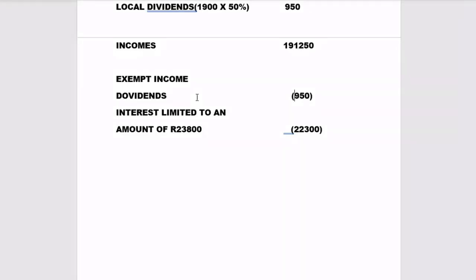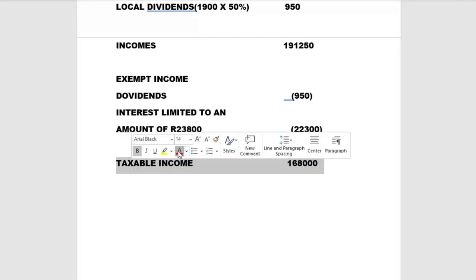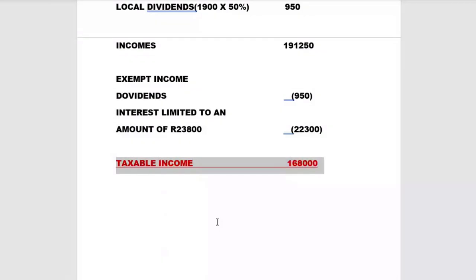So it's 950 plus 22,300 rand, and then it's going to be minus from 191,250, meaning that we are going to have the taxable income to total to an amount of 168,000, 123... and then you close it off. Okay, so that brings us to the end of our question 2.